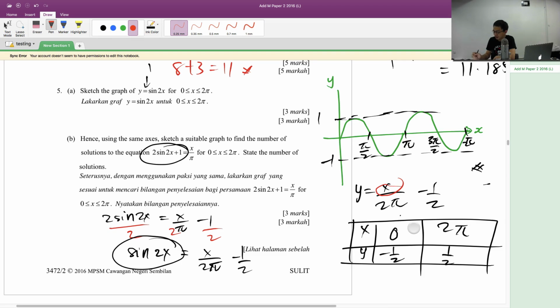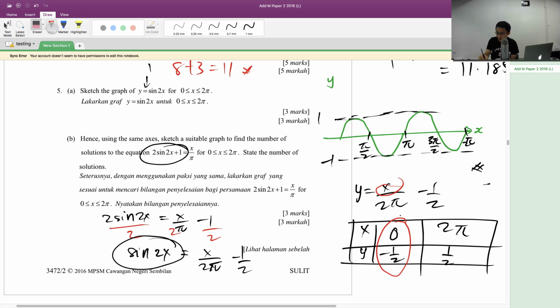I will plot the coordinates. X is 0 and -half, and then 2 pi should be at positive half. Oops, sorry, this one is negative.